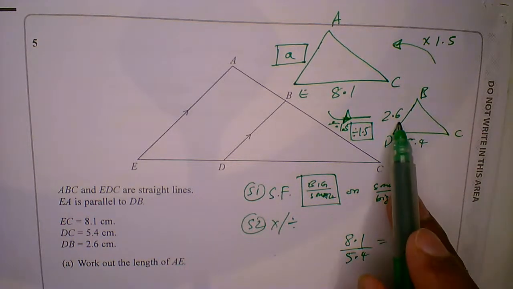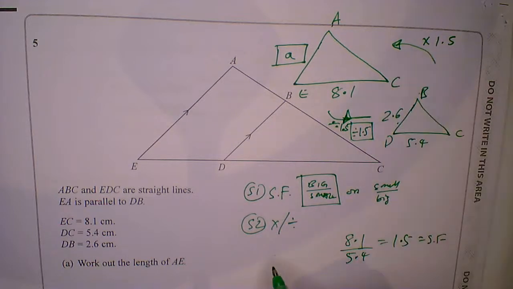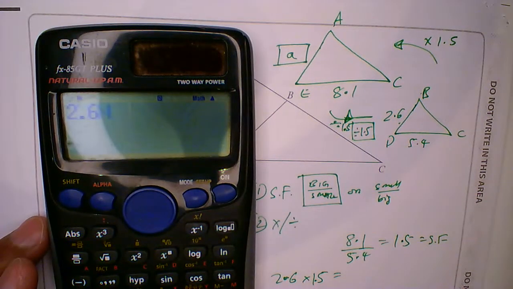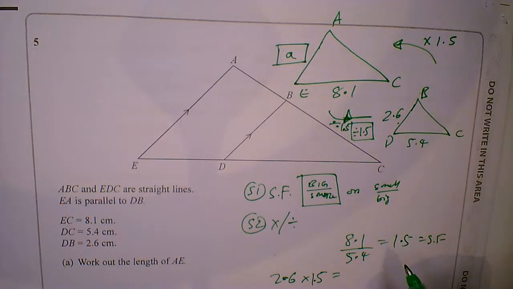In this case, we're going from B to D to A, so we multiply by 1.5. 2.6 times 1.5 gives us 3.9. So that is the first part, and we've got those marks banked.